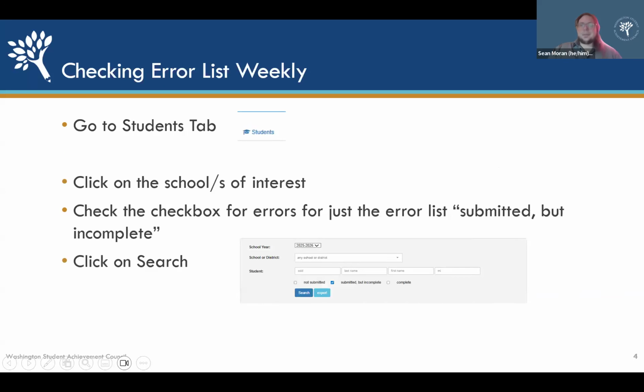Now, the first tip is talking about checking the error list weekly. To do this, when you're in the FAFSA completion portal, just go to the Students tab, click on the Schools of Interest, check the checkbox for errors, which in this case is listed as submitted but incomplete, and then click on search. That will make it so you only look at the students who have errors.